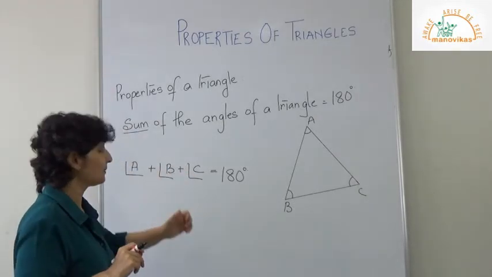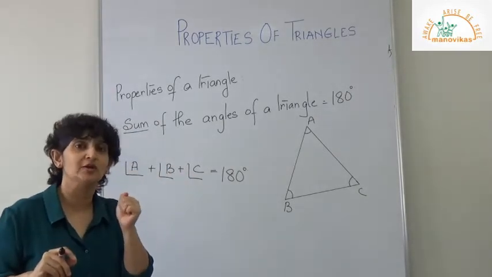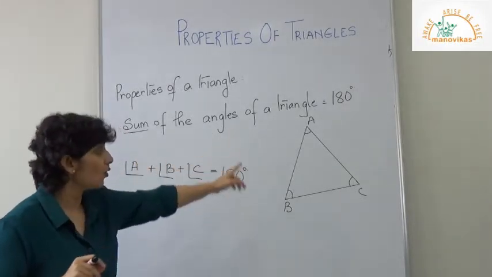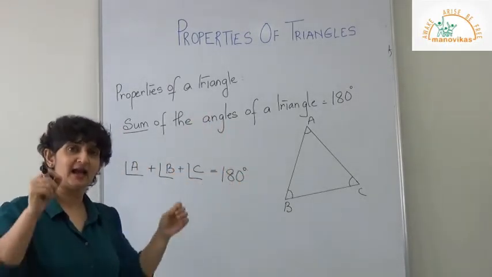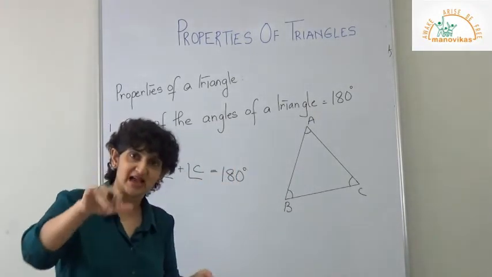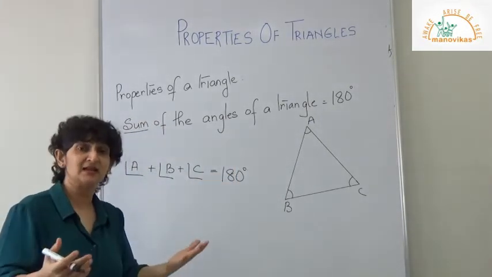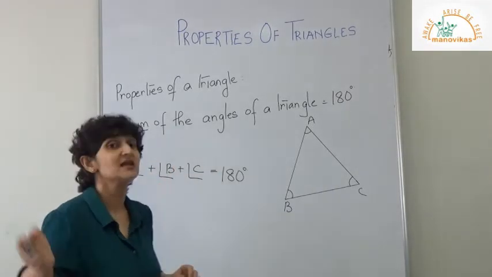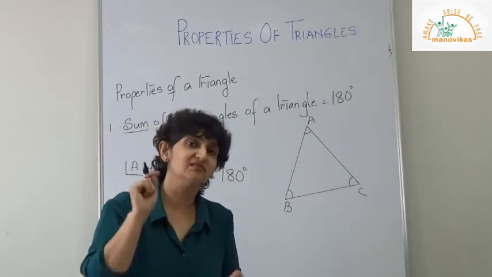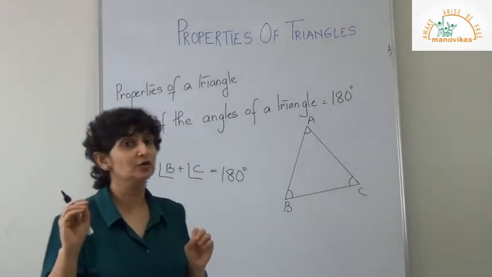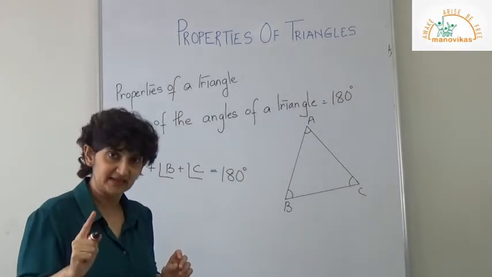Clear? So always remember, your first property in a triangle: all the three angles, angle A, angle B, angle C, or say angle P plus angle Q plus angle R, let them be any angles. The sum of the angles of a triangle, when you add all the three angles, the answer should be equal to 180 degrees.